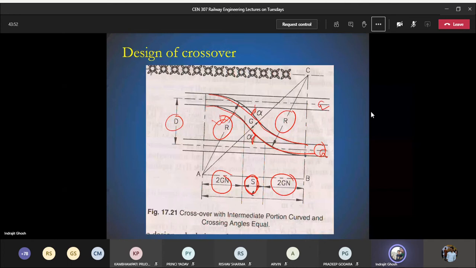There can be a situation that one curve is having higher radius, the other one is smaller radius. In that case, these alpha values will be different. So let us do the simple one. So for doing this, remember that you have to start with this triangle. If you have been asked to derive this, you start with this triangle.